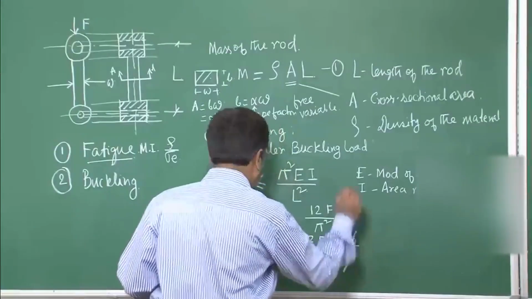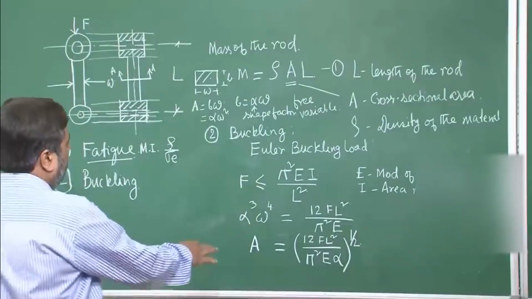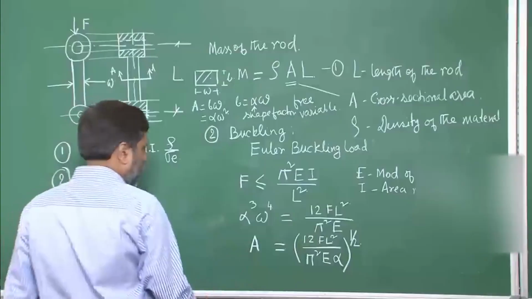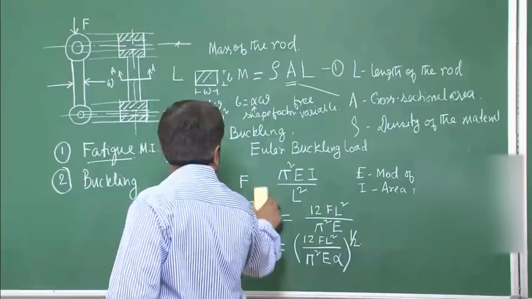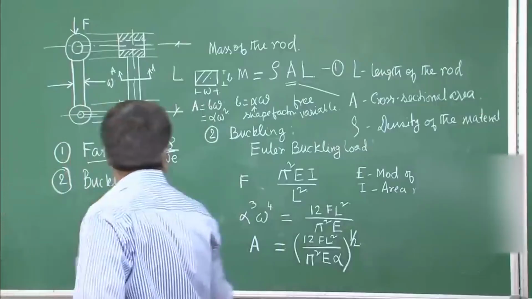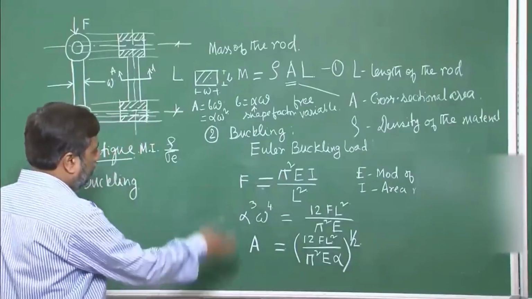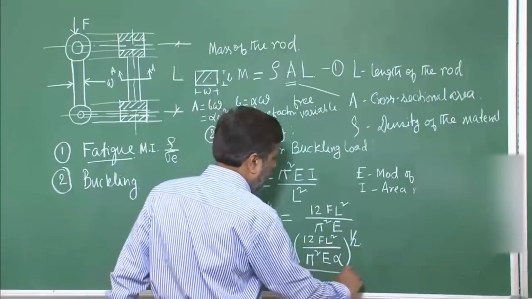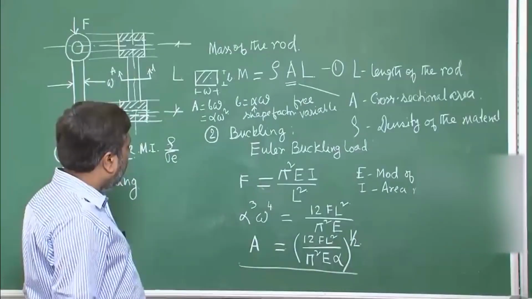That is what becomes the area from this expression, once I take the equality, that is, the maximum possible F is pi square E I over L square.